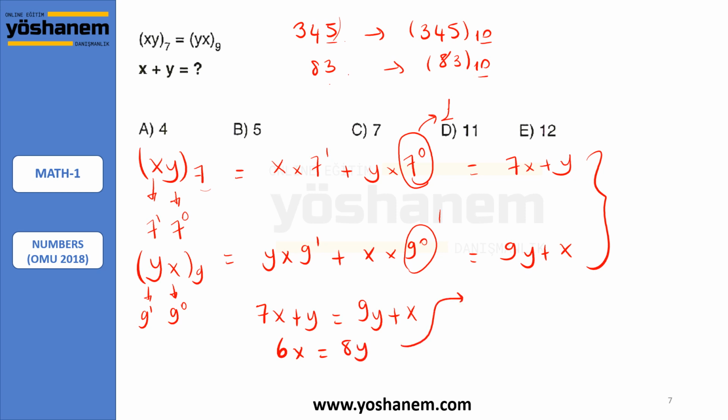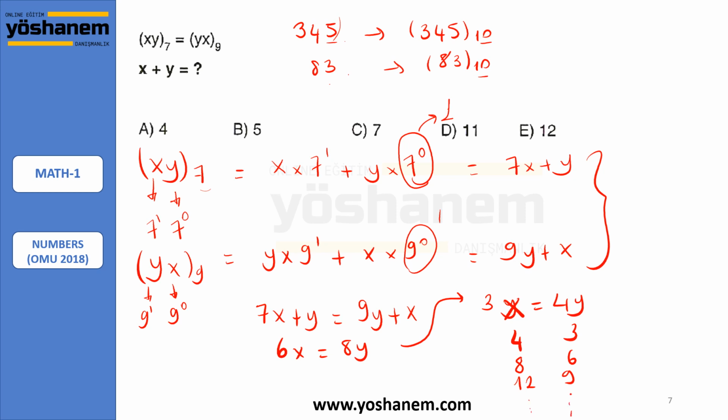Let's go ahead and simplify by dividing by 2. 3x equals 4y. So x and y could be 4, 3, or 8, 6, or 12, 9, and so on.